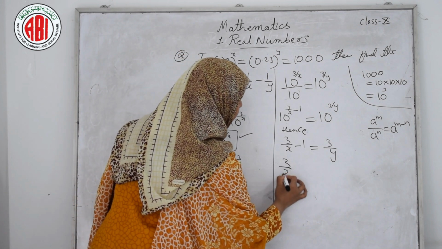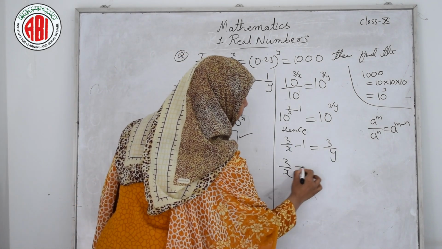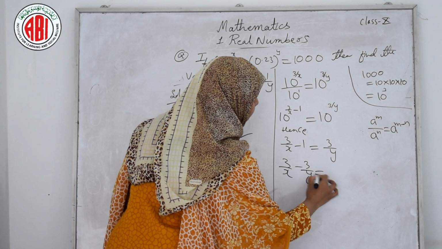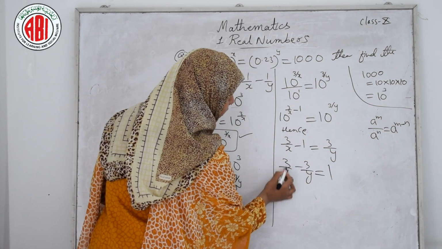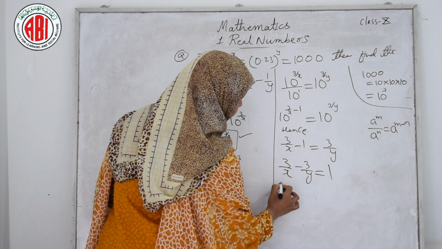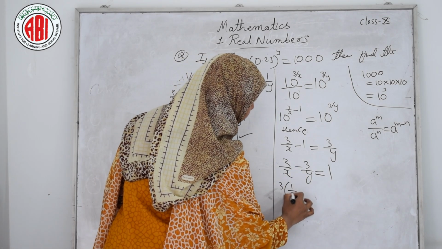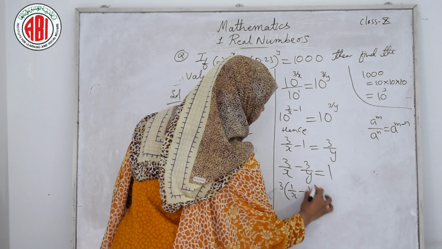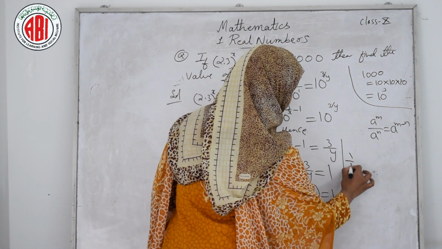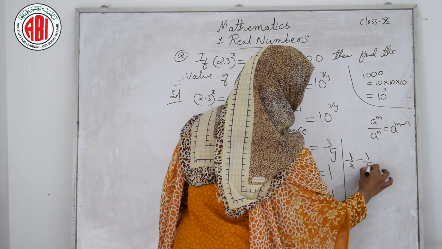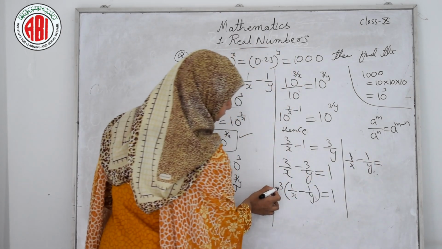Now 3 by x, 3 by y: if we shift it here, minus 3 by y equals minus 1 becomes plus 1. Now here 3 is common, we can take 3 common. 1 by x minus 1 by y equals 1. Then these 3 we have to shift.